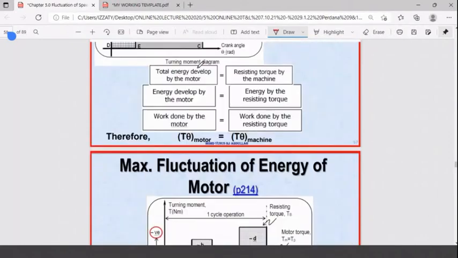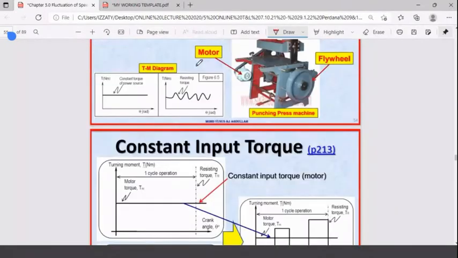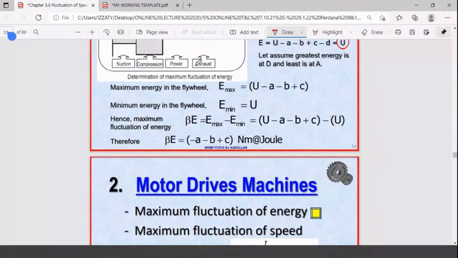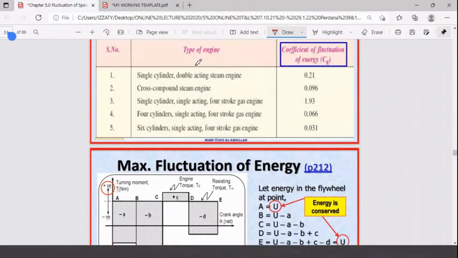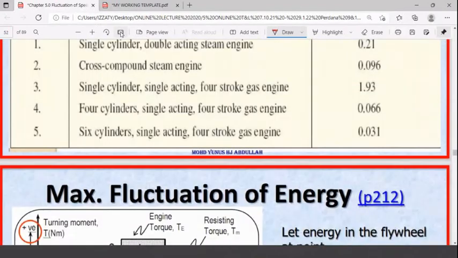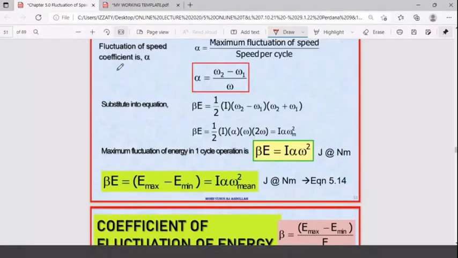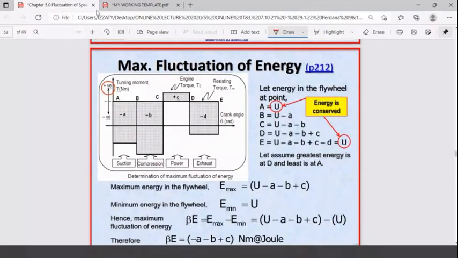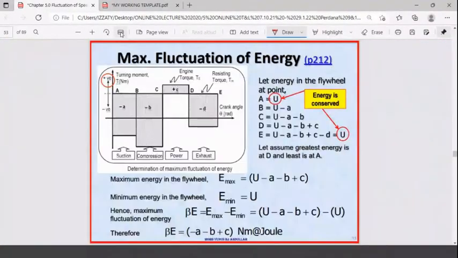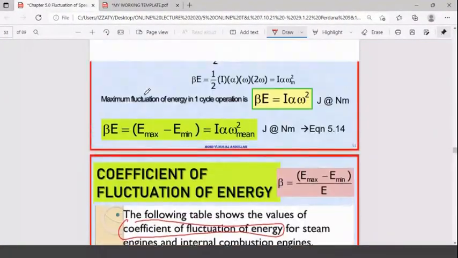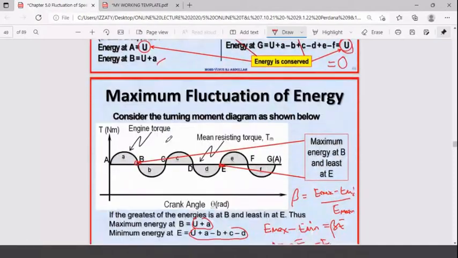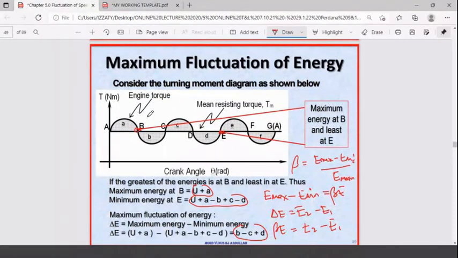Let me move to the next one before we go to the tutorial. Examples. I'm going to go further on to look at the significance of the graph you have earlier, which is coming from this graph, and we're going to use another graph representing this one.